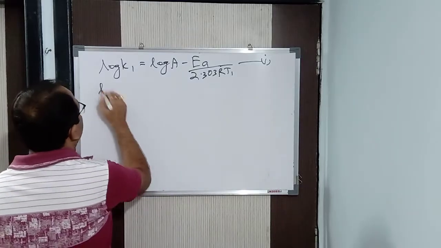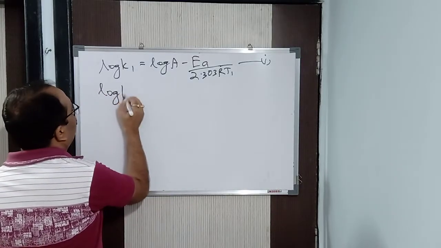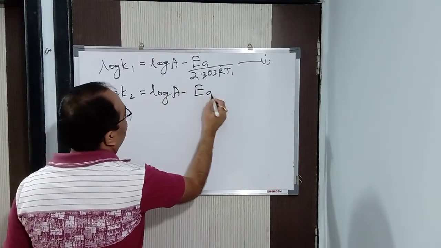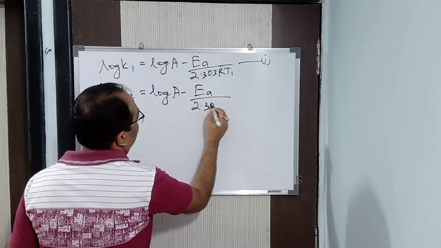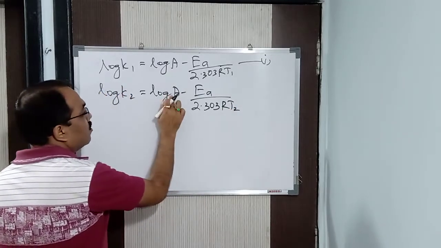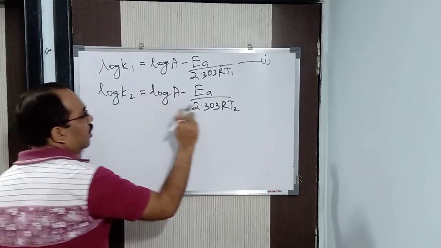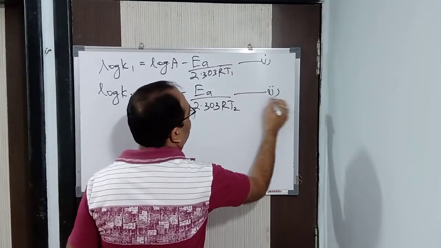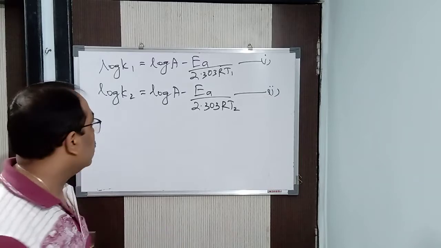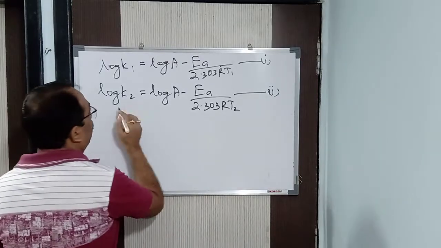Now next, let us see equation 1. Now log K2 is equal to log A minus Ea by 2.303 RT2. For that reason only I have taken log A as constant, because A does not change. With the change in temperature, rate constant changes, and R, the universal gas constant, will never change. Now what will I do?